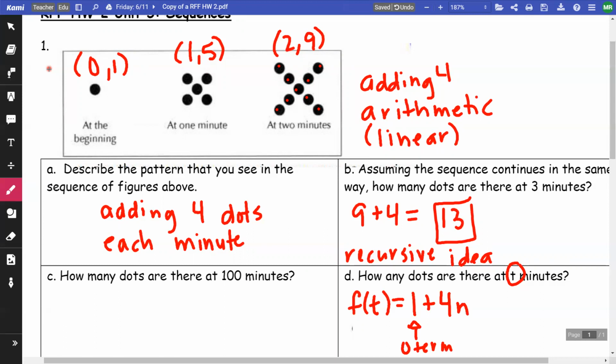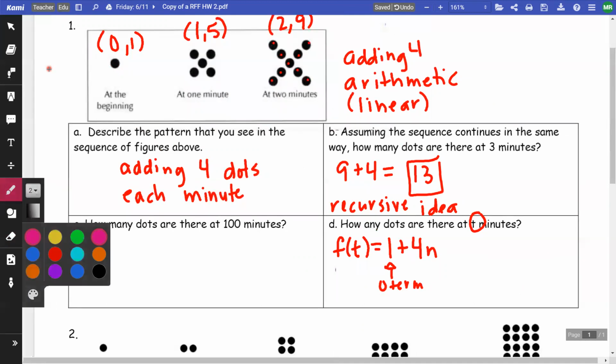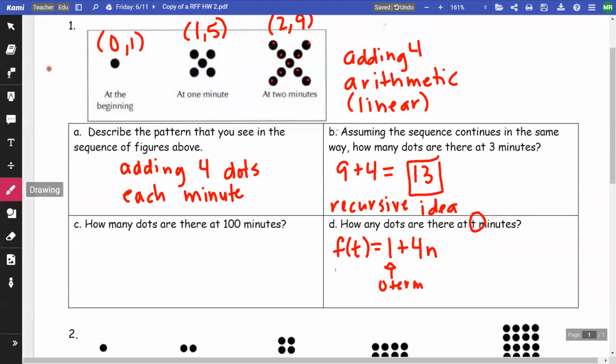If I had started with my first term, which was my 5, I would have written that 5 plus 4, I'm still adding 4, but I don't do n, I do n minus 1, because this is my first term.